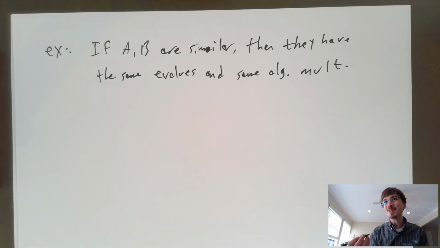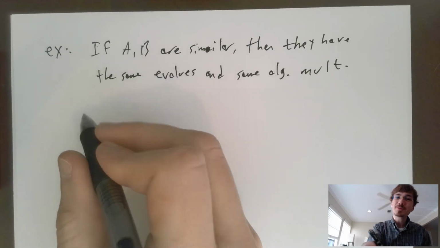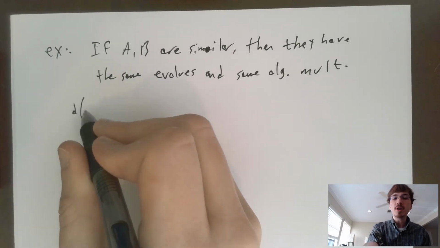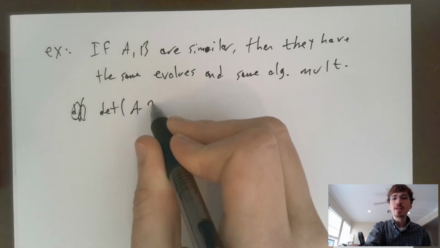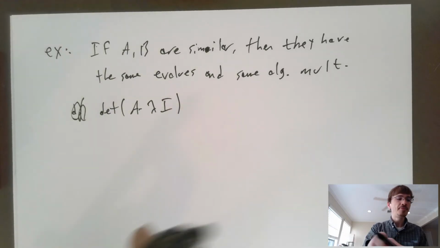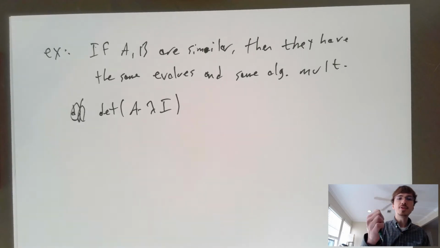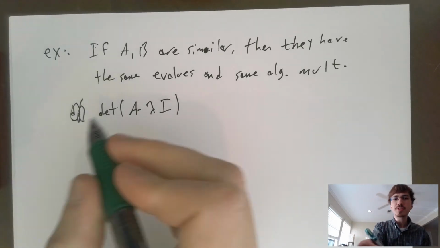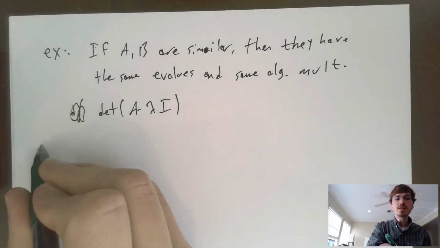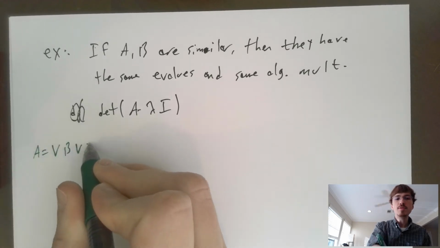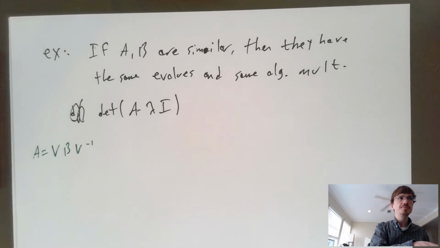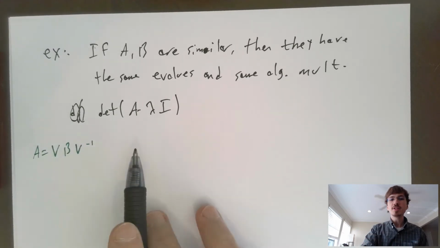What is a characteristic polynomial? I know that the characteristic polynomial of A is the polynomial determinant of A minus lambda I. And remember, our hypothesis here is that there's some invertible matrix V such that A is equal to V B V inverse. Well, let's plug that in.